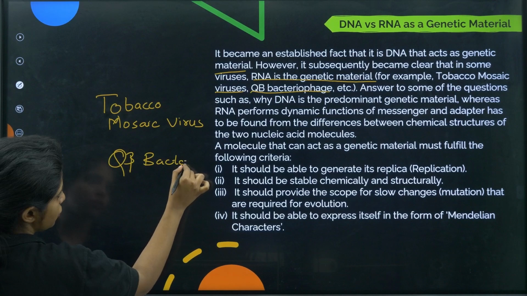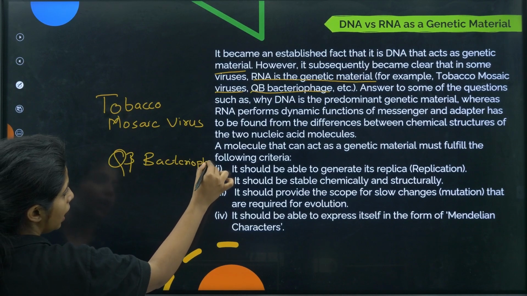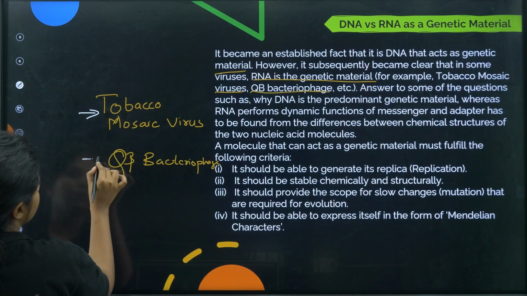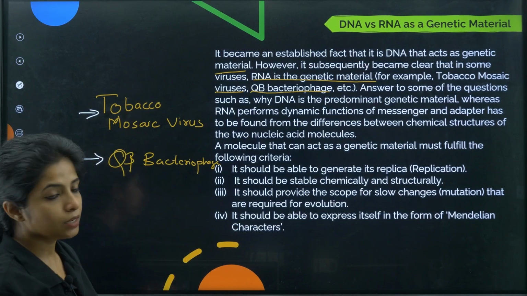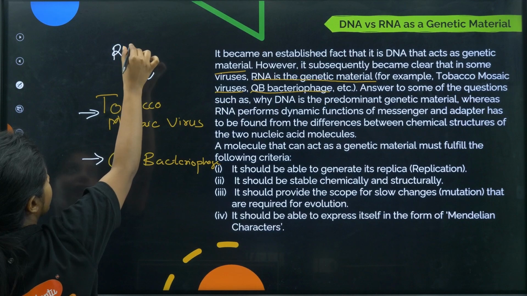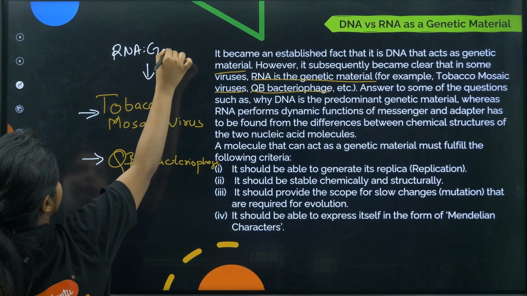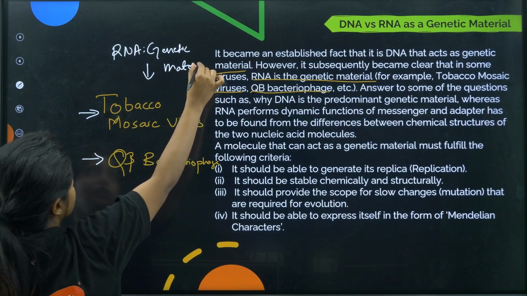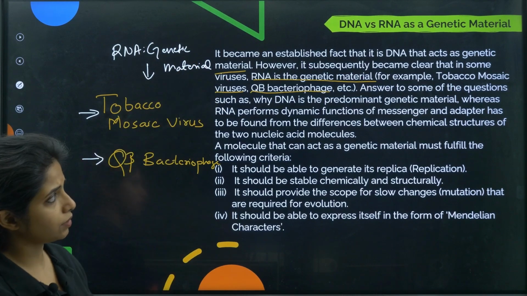This bacteriophage is different from the bacteriophage we studied in the other experiment. Both of them have RNA as their genetic material instead of DNA, and it's given in your NCERT, which is why I am making you write this.